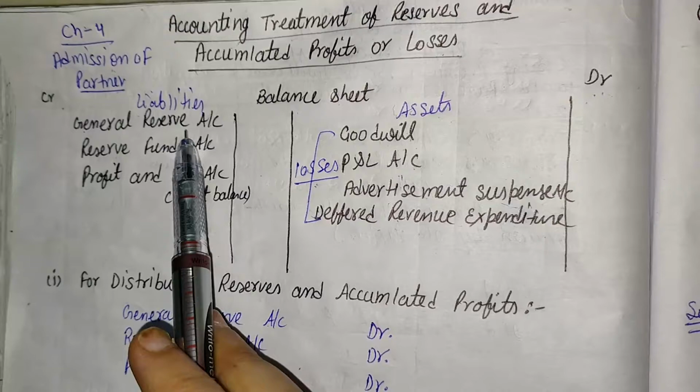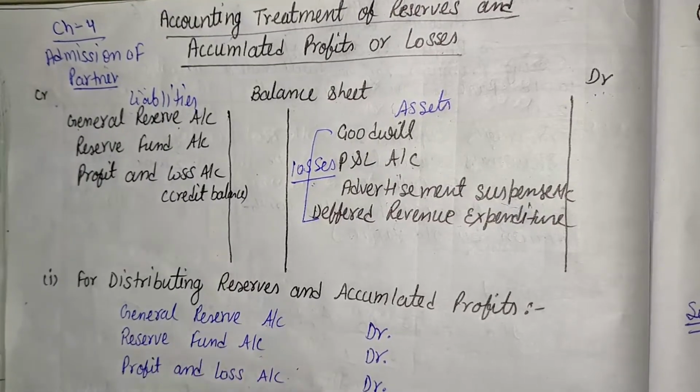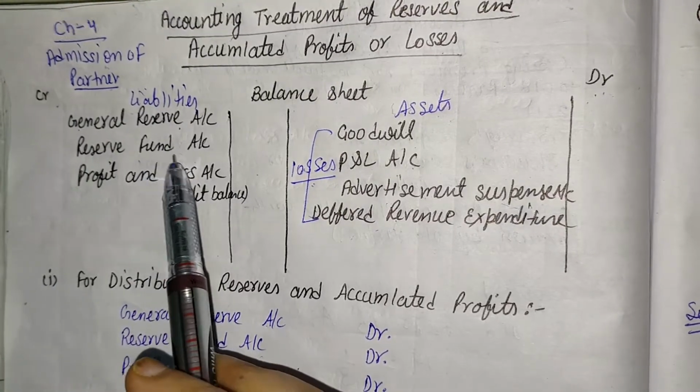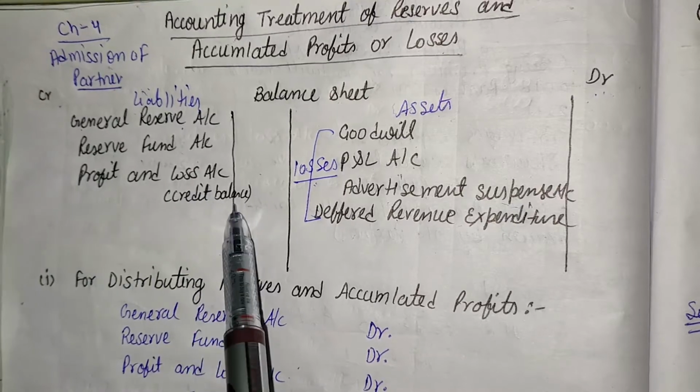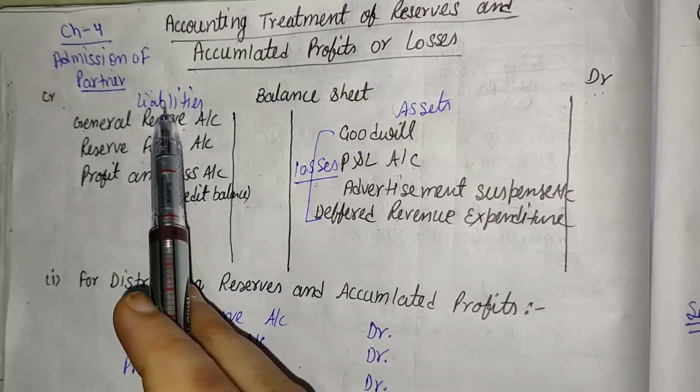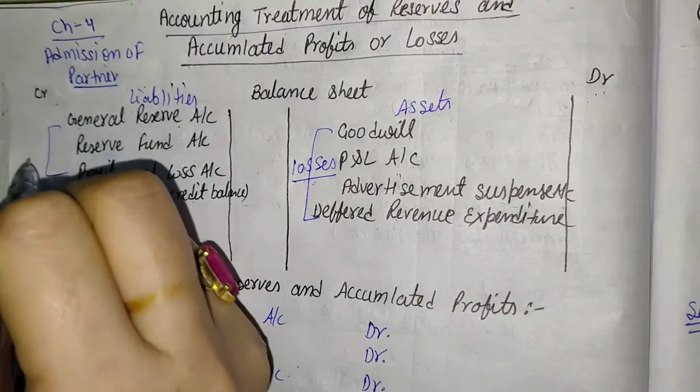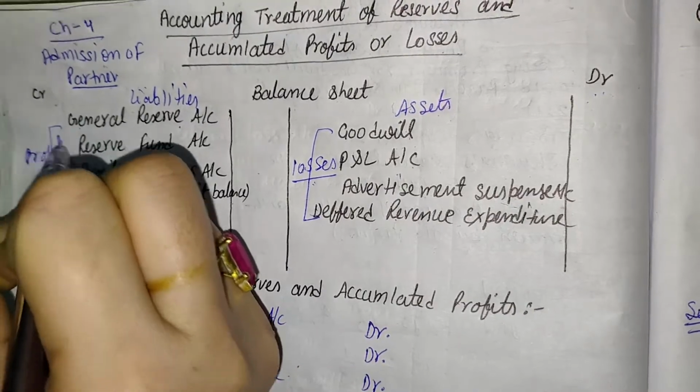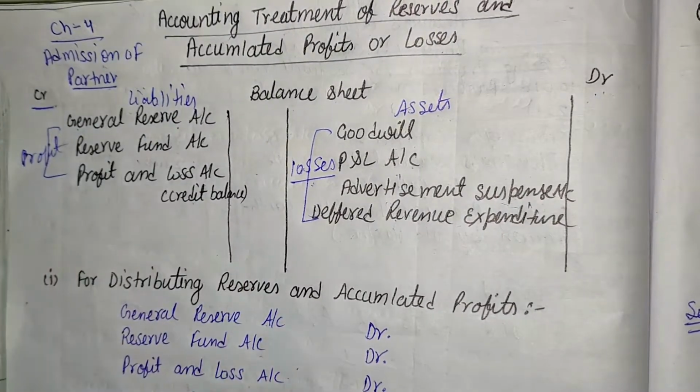If it is general reserve, reserve fund, any other nature of reserve, or profit and loss credit balance, that is a liability, in the category of profit, and it belongs on the credit side.